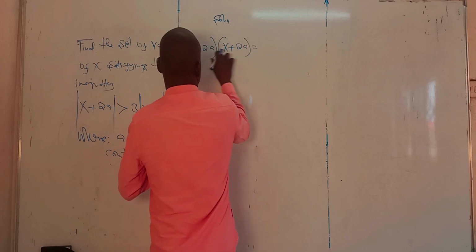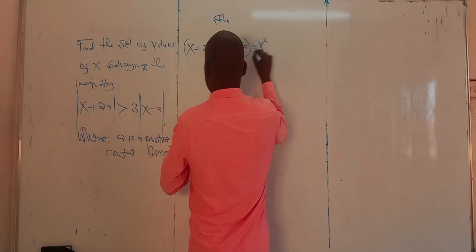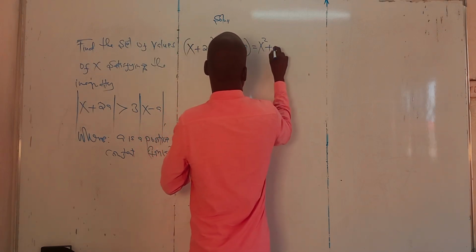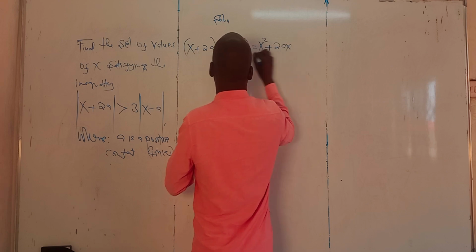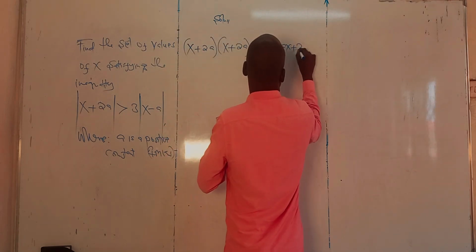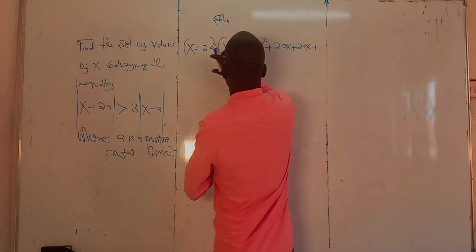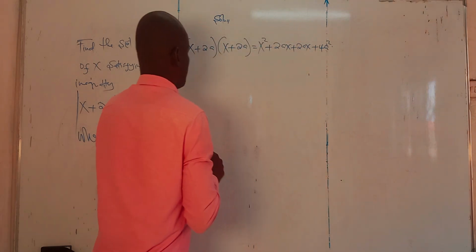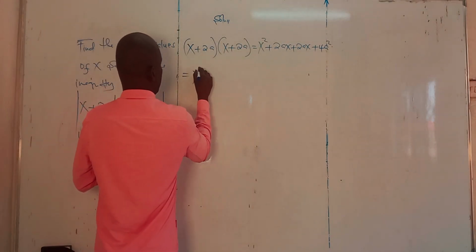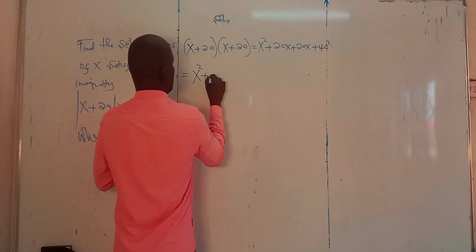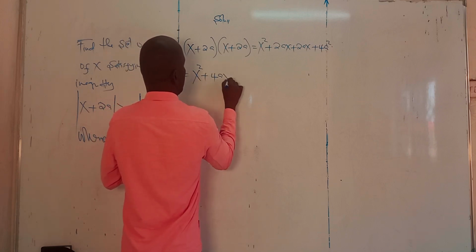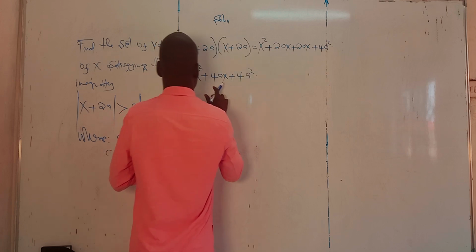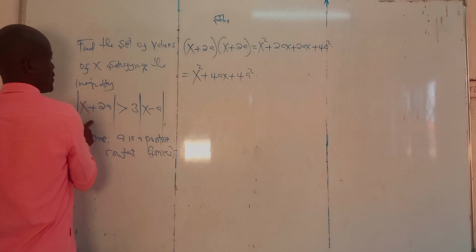This times this is x squared, plus 2ax plus 2ax, plus 4a squared. That is x squared plus 4ax plus 4a squared. That's what we get when we expand this.